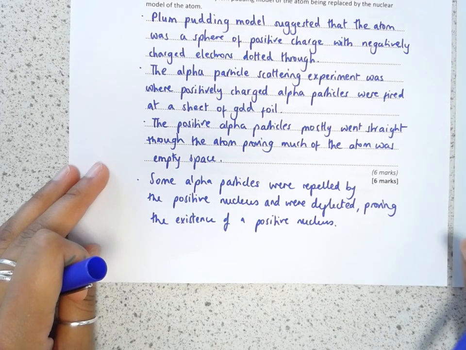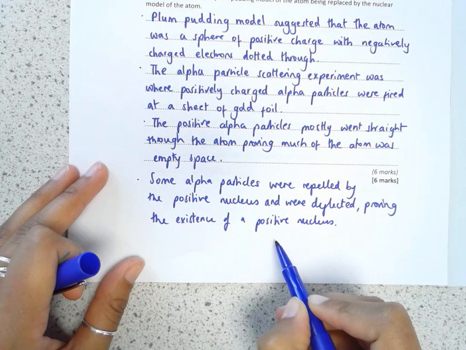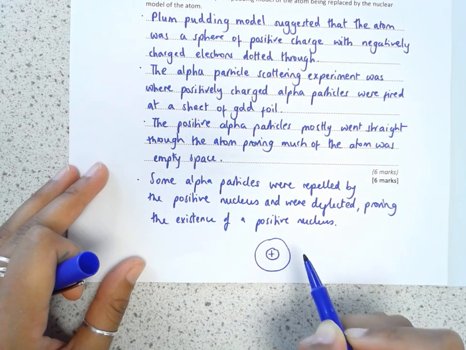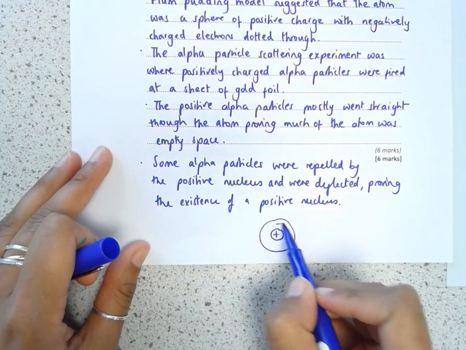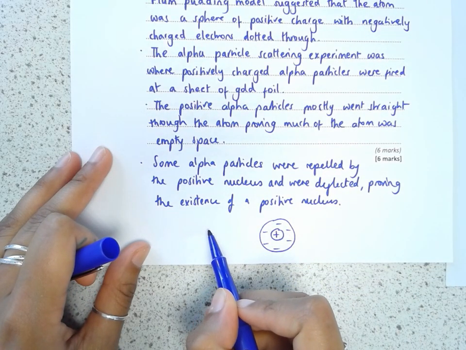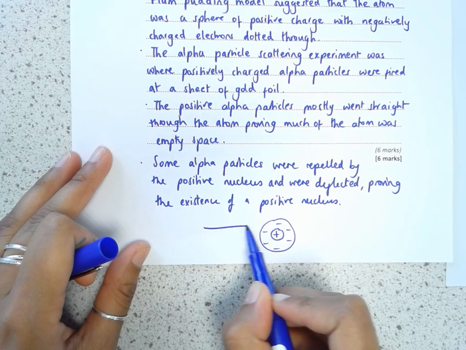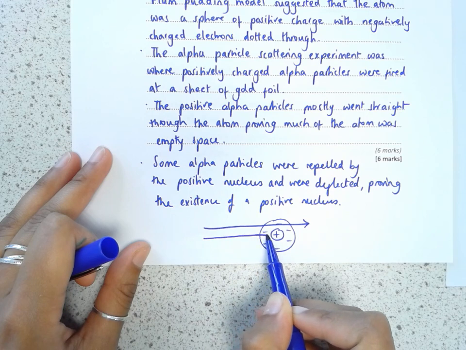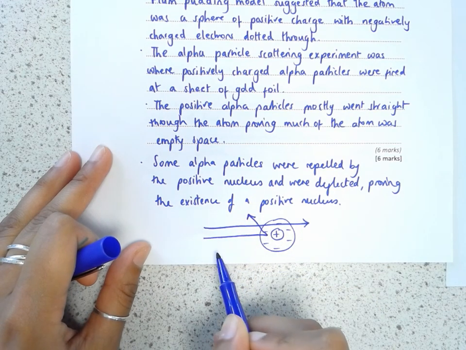Just to jog your memory, what happened was we've got this positive nucleus in the middle, and we've got all these negative charges around the outside. Alpha particles, which have a positive charge, were fired at this atom, and most of them went through, but some of them were deflected.